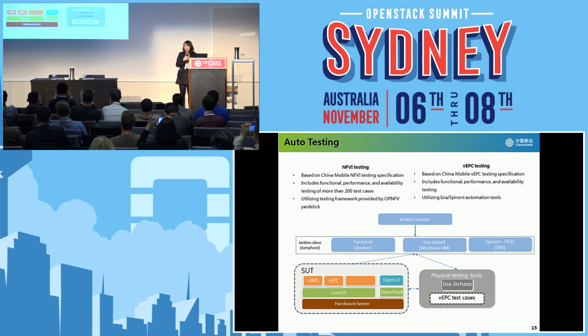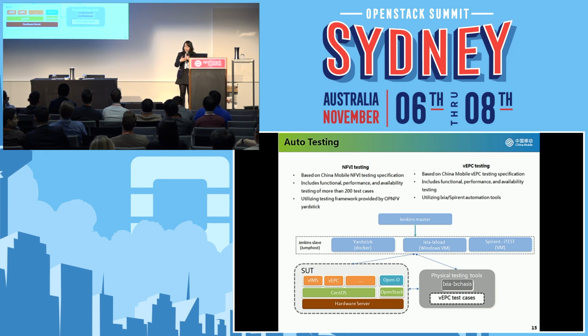For the auto testing part, we now consider both infrastructure testing and virtual EPC testing. The infrastructure testing is based on the China Mobile infrastructure testing specifications. We have more than 200 cases, including functional, performance, and availability test cases on infrastructure.